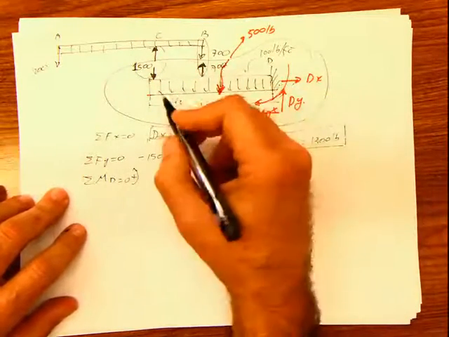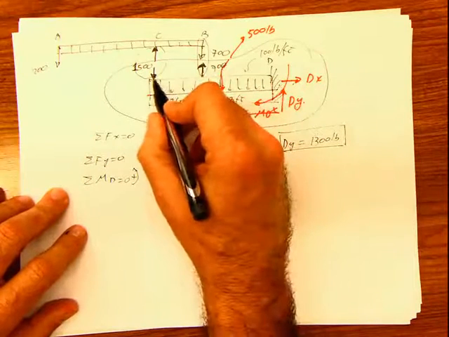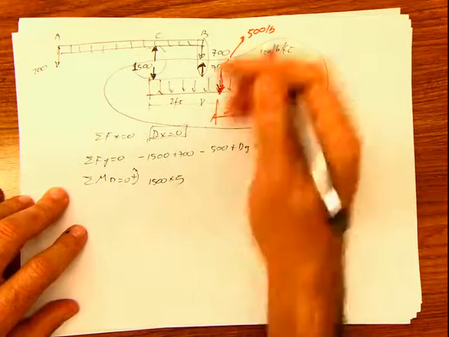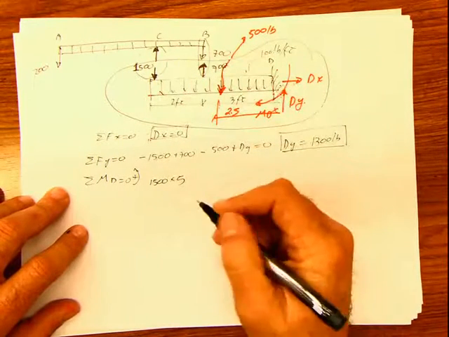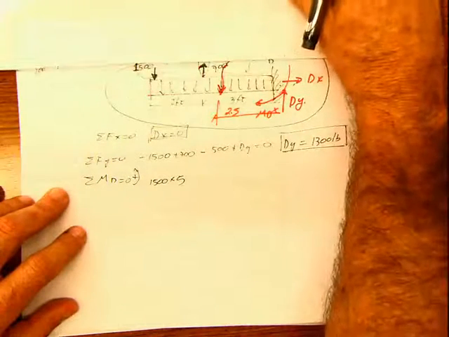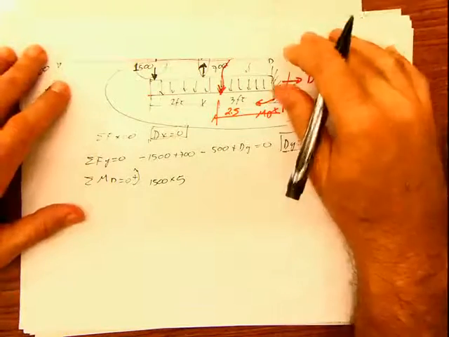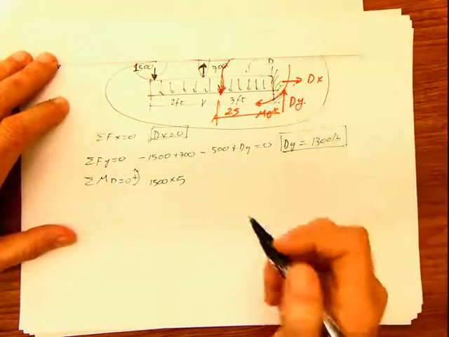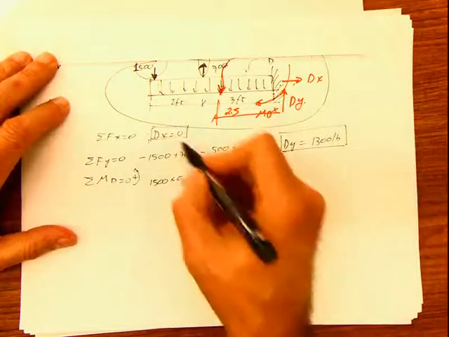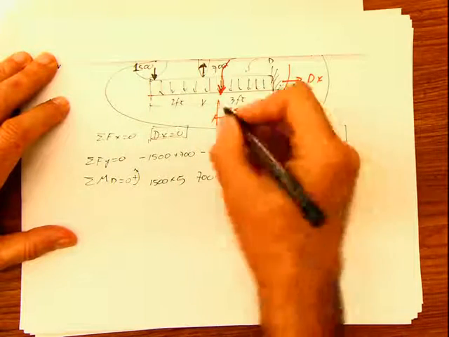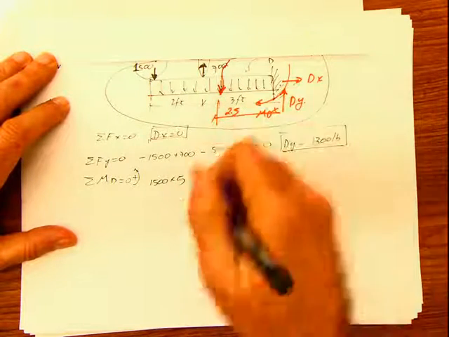If it's only in this part, then I have 1500 times 5, and it's acting in this way. If this somehow confuses you, draw it again, put it like that, because that's what we're having there. So 1500 times 5, then I have this 700 times 3, and it's going to be in this direction, negative.